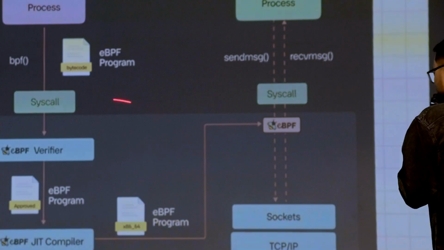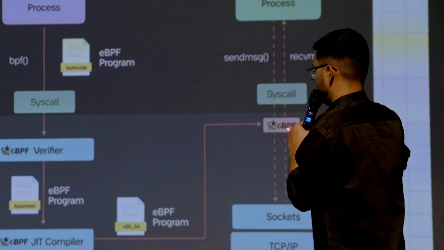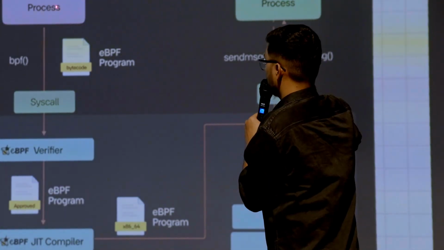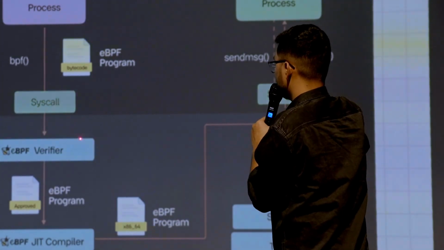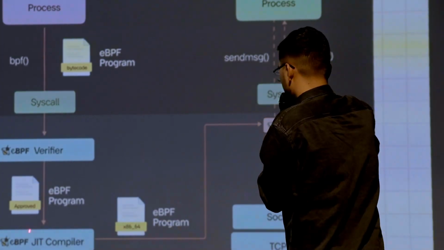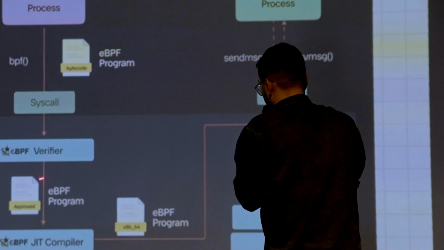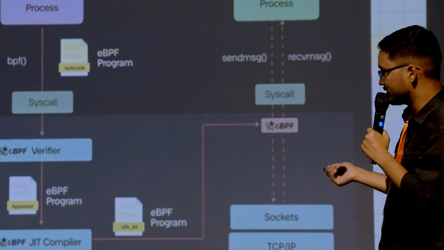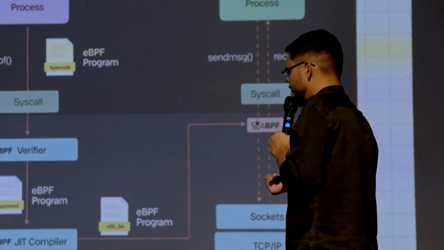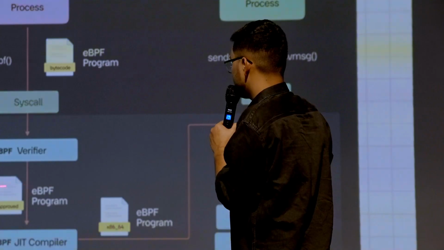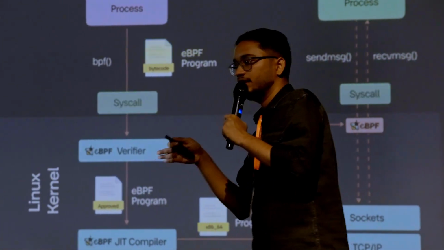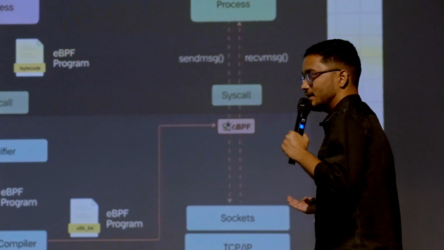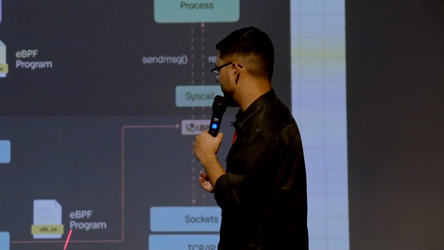So let's see a deeper insight. Let's suppose there is a process which injects the eBPF program using a system call, and then there is the eBPF verifier which verifies that this program is safe, and then this program goes to the JIT compiler, which compiles the eBPF code into machine code so that it can be run inside the kernel.